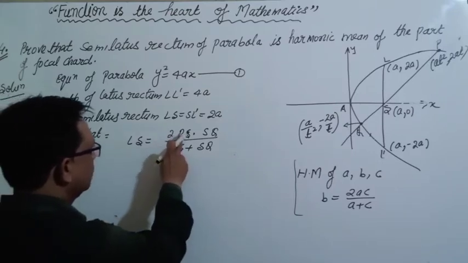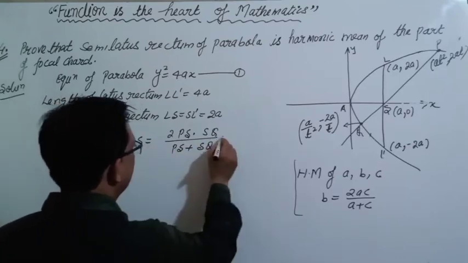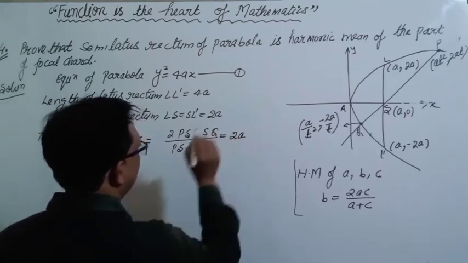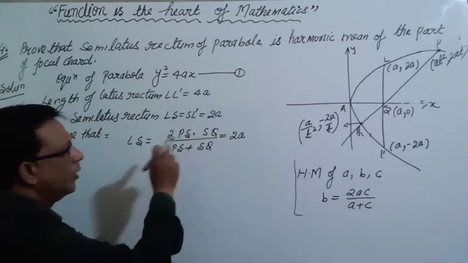LS is equal to 2 PS SQ upon PS plus SQ, and the LS is 2a. For this we are going to find PS, SQ and this.